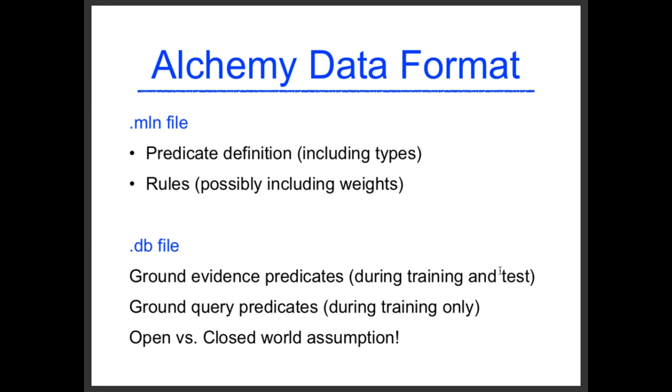You have just to say that Alice is friends with Bob and David, and not that Alice is not friends with Carl and Paul and so on. Ground query predicates, so the ones that you want to predict at test time, are typically open world, and then you have to specify everything, so both true and false values.